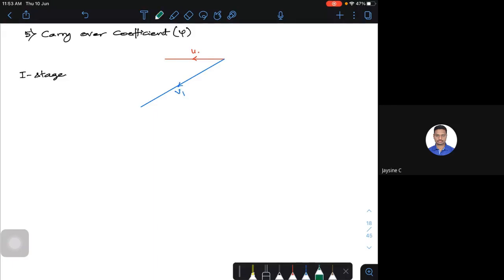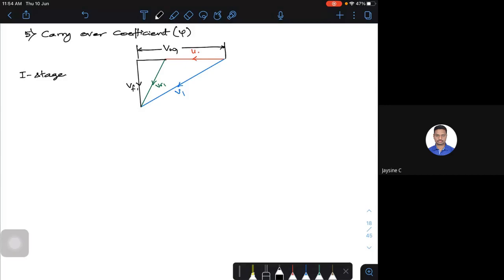Then I have my relative velocity, which is my vr1. I'm going to close it with your vw1 and your vf1.